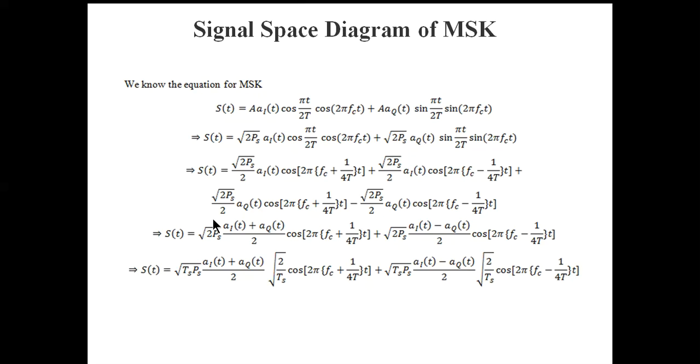That's why we introduce Ts in both numerator and denominator. So s(t) is written like this: root 2TsPs (aI(t) plus aQ(t))/2 into root over 2/Ts cos 2 pi (fc plus 1/4T) t plus root TsPs into (aI(t) minus aQ(t))/2 into root 2/Ts cos 2 pi (fc minus 1/4T) t.